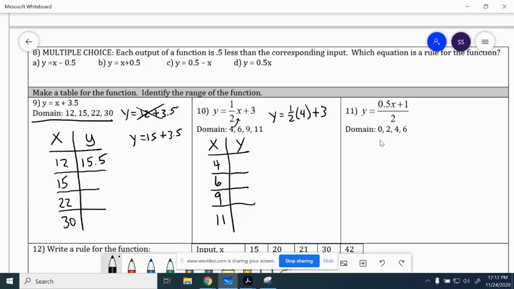I just simplify on the right side. 1/2 times 4 is 2. Drop down that 3. We get y is equal to 5. Okay, and then you start over. You plug in the next x value. 1/2 times 6 plus 3, and you solve from there. You guys can finish out that table. Same thing with the last one.